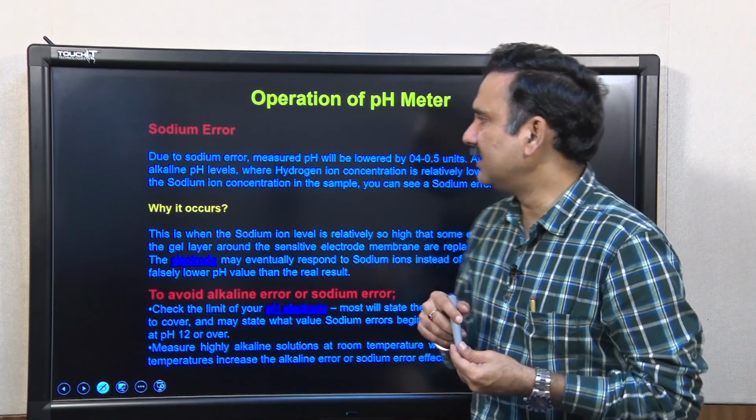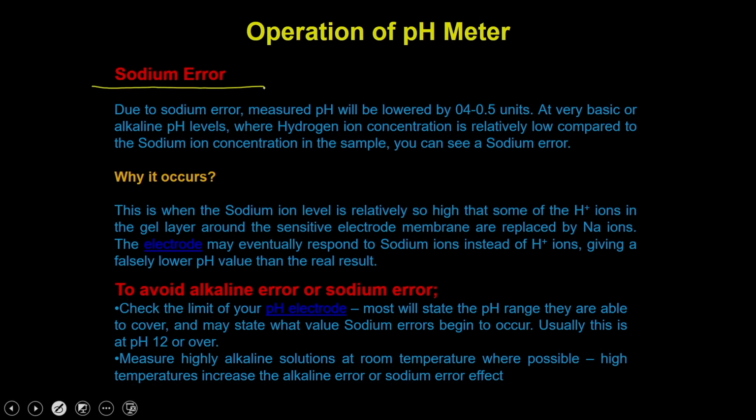One of the major reasons is that it is going to show you a sodium error. Sodium error happens because you are measuring the pH in a range of 12 to 14.